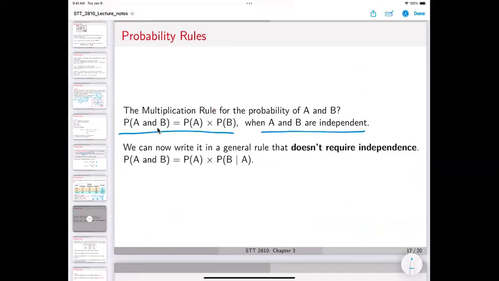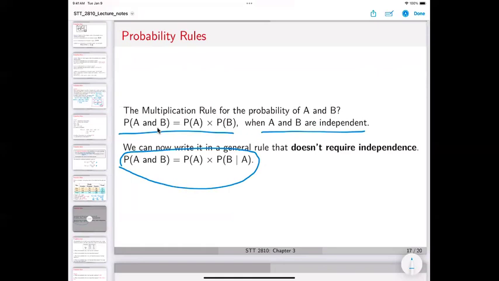We actually did an example when we asked whether the speeds of two cars on the road are independent. This rule only applies if A and B are independent. Otherwise, if we don't care about independence, this is the multiplication rule. Is that okay?